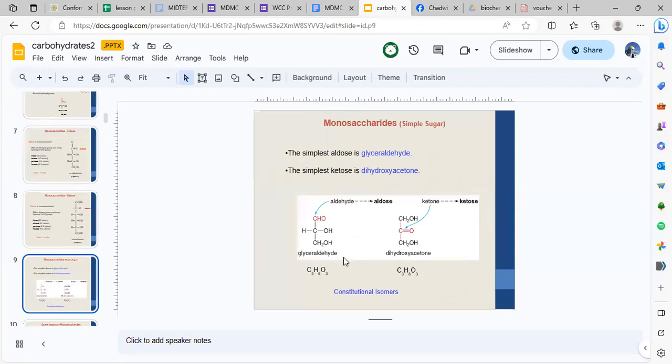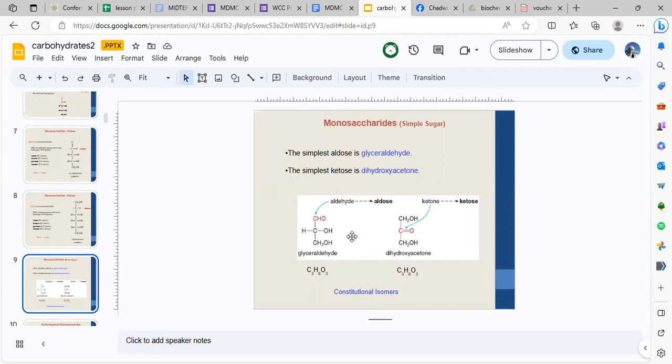You saw the first structure earlier. So the simplest aldose is glyceraldehyde, and then the simplest ketose is dihydroxyacetone. So you have the same molecular formula, therefore they are constitutional isomers, since the functional groups are very different.